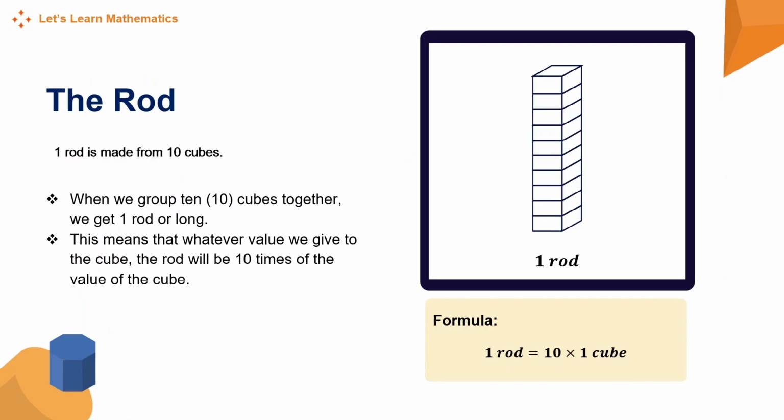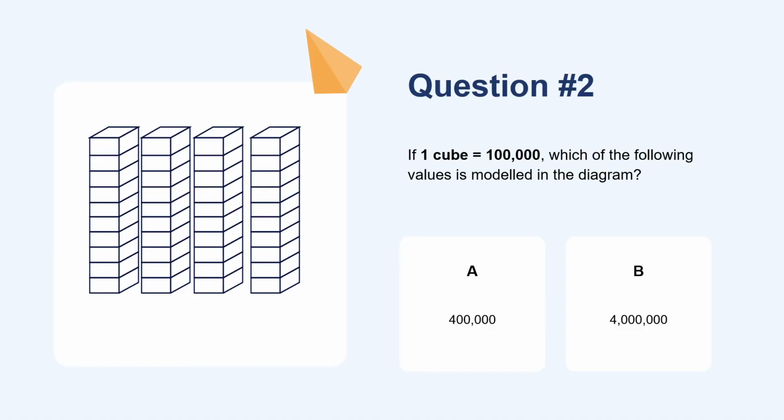So if we give a cube the value of, let's say, 700, then it means the value of one rod is going to be 10 times 700, which will be 7,000. Alright, so let's look at an example. If one cube is 100,000, we have 4 rods here. 1 cube is 100,000.